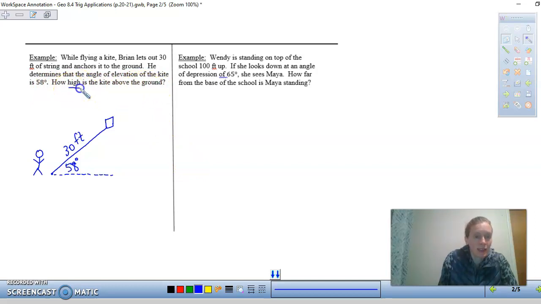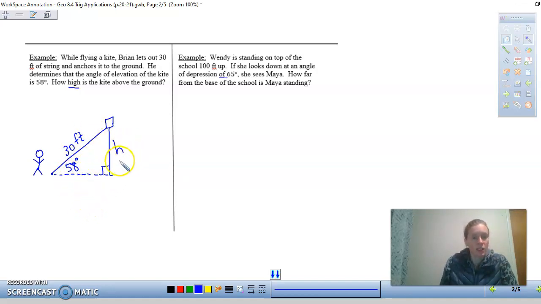When you're doing a height, height is always going to be perpendicular. So the kite height from here to here will give you that right angle, and I'm just going to write that as h for height. Height is always going to form a right angle. As long as you have a right triangle and at least two pieces of information after that, you can find anything else about this triangle.